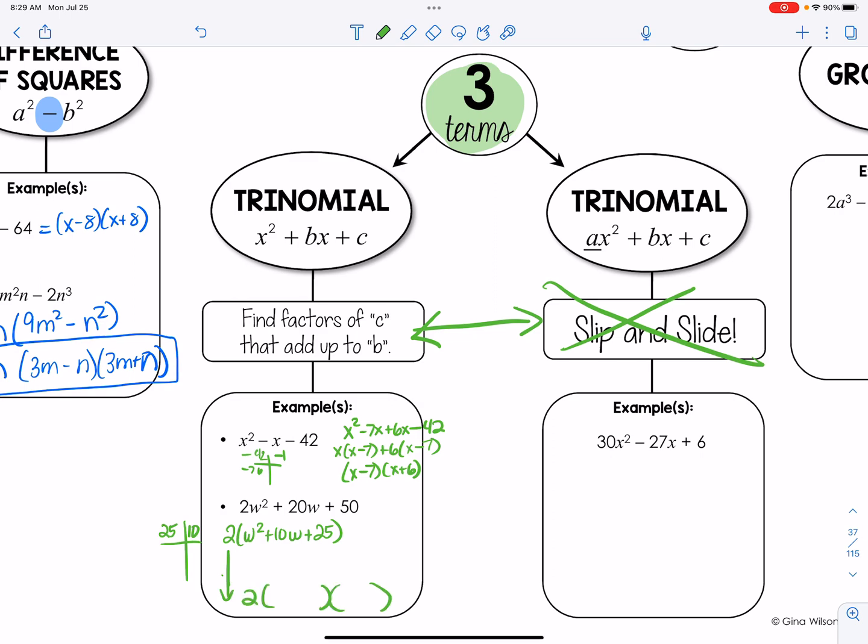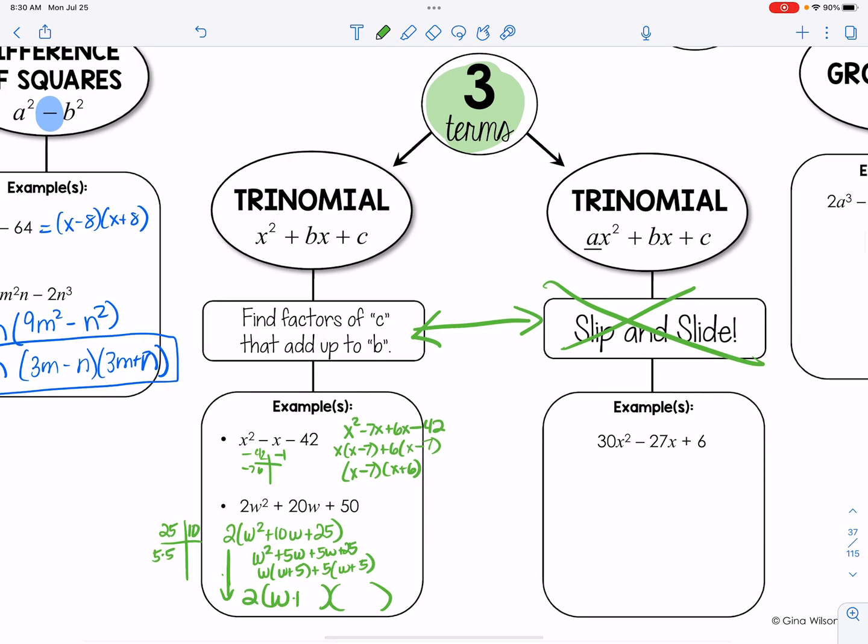Factors of 25 that add up to 10, aren't those 5 and 5? So w squared plus 5w plus 5w plus 25. What can I take out of the front ones? A w. What can I take out of the back ones? A 5. So my answer is w plus 5 and w plus 5.